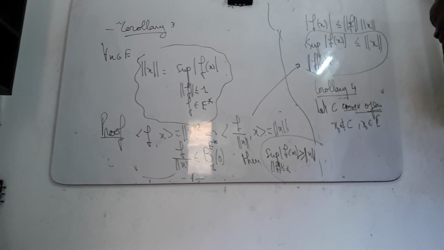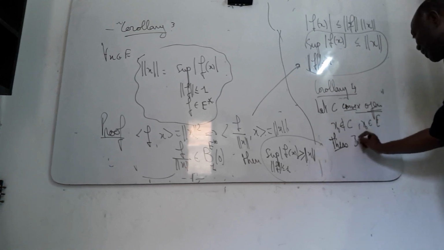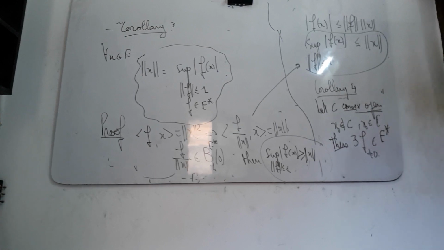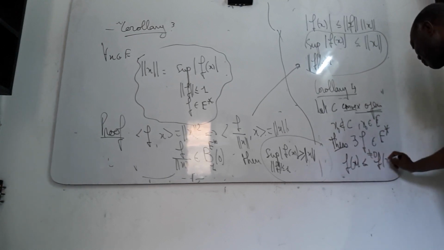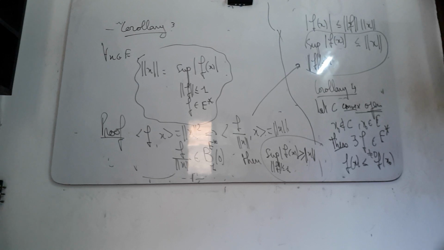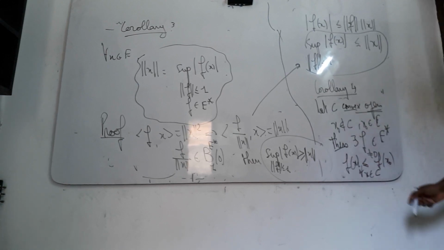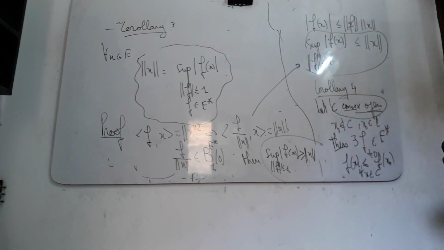And then there is this function: there is this f, not equal to 0, in the dual, such that f of x is less than f of x0 for all x in C. You use this one to prove the geometric form of the Hahn-Banach theorem and so on.